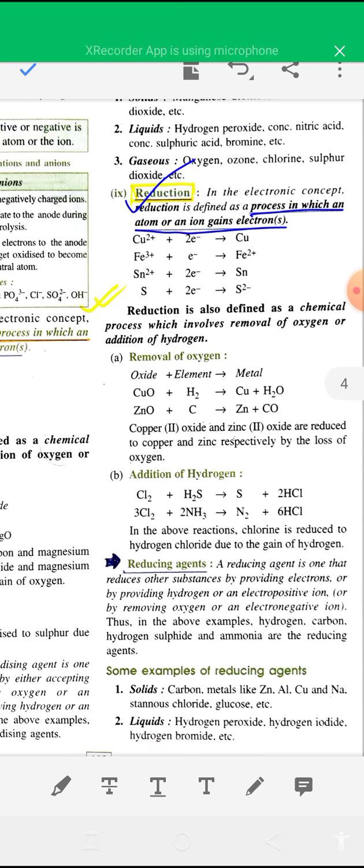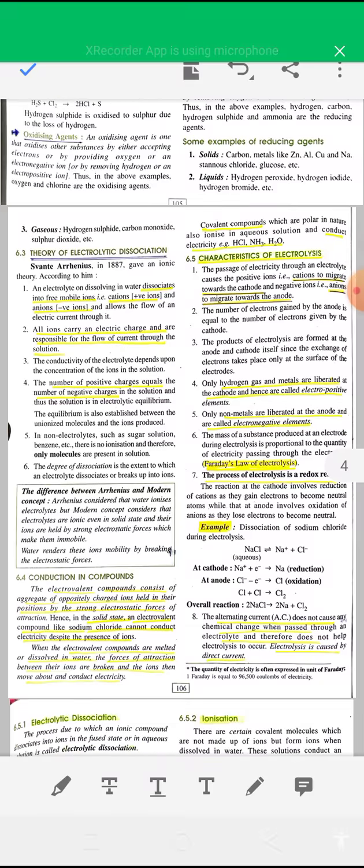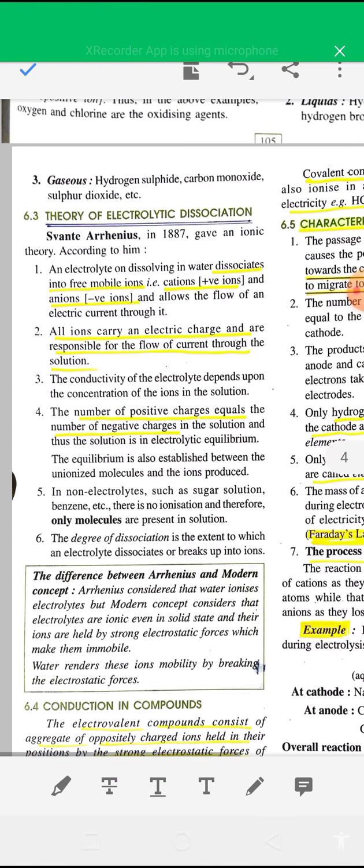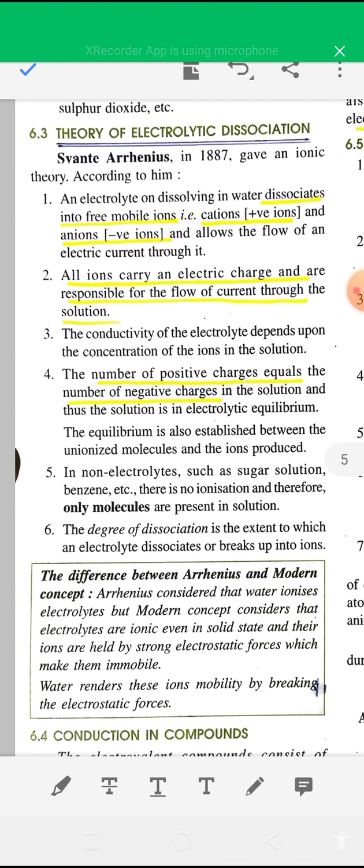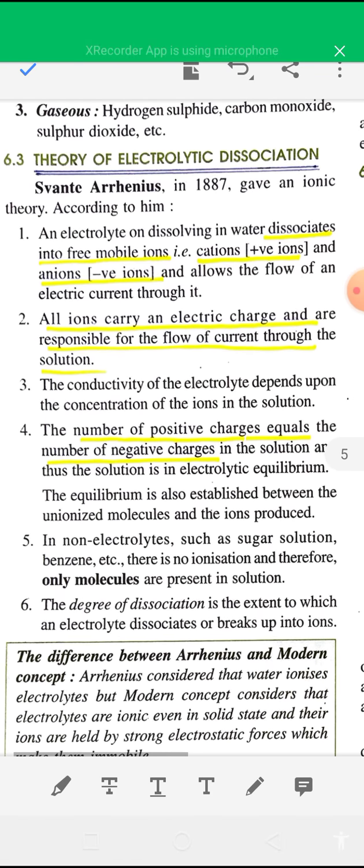In this chapter, you have to remember the definitions of oxidation and reduction in terms of electrons only. The electrolytic process, or cell reaction, is actually a redox reaction, because oxidation reaction is taking place at anode and reduction reaction is taking place at cathode. Both oxidation and reduction reactions are taking place at the two electrodes. So the cell reaction is actually a redox reaction.